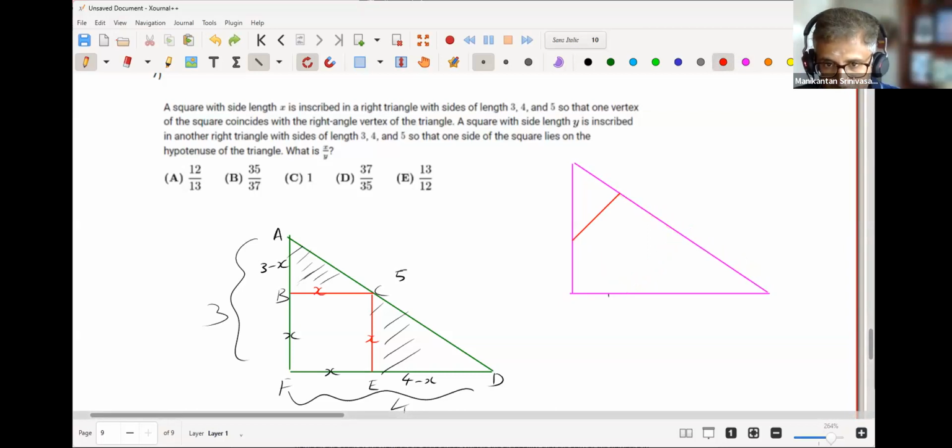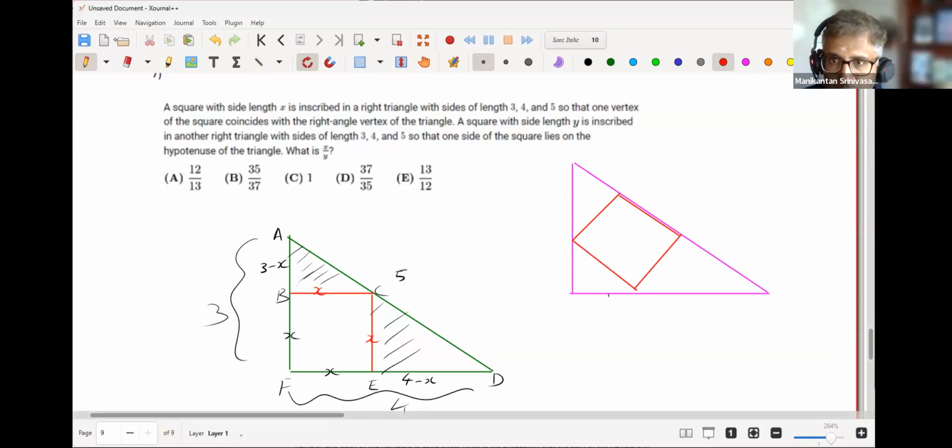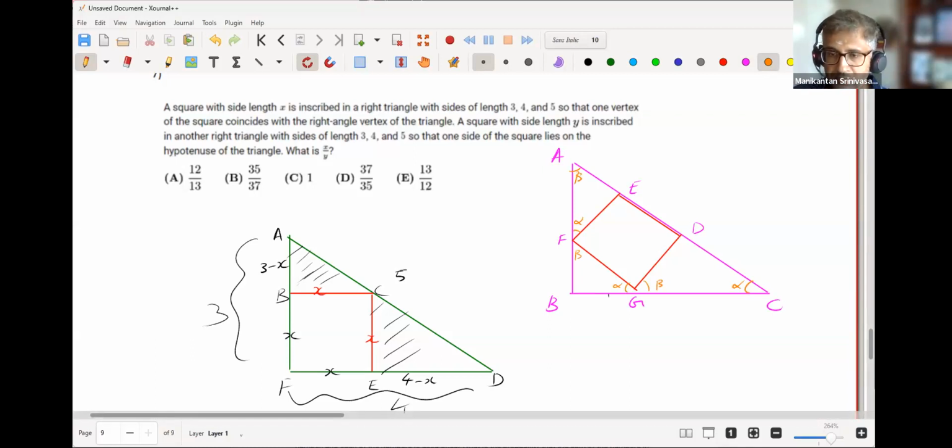Okay, it's a very ugly triangle, ugly square, but okay. Okay, let me just finish. So all of you will be able to draw this triangle again, right? Again, we'll just use similarity. Again, multiple ways of doing this.